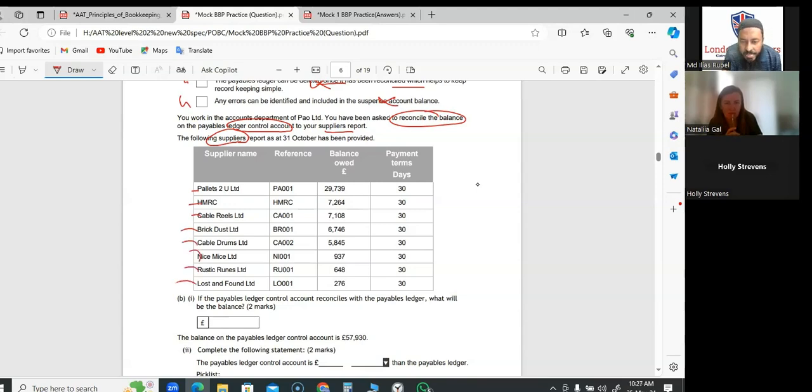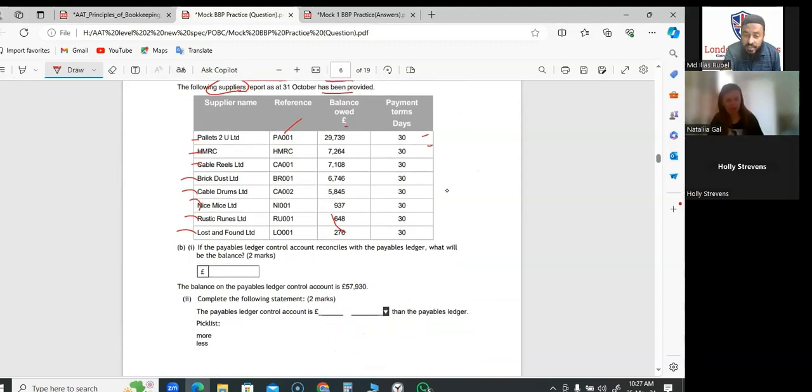They are your individual subsidiary accounts, the payables ledger. There are some references given. Balance owed is important, and days, forget about it. This is a list of your suppliers, your payables. You're liable to pallet for 29,000, this much and this much. When you add up, you need to check the total liability for the reconciliation.